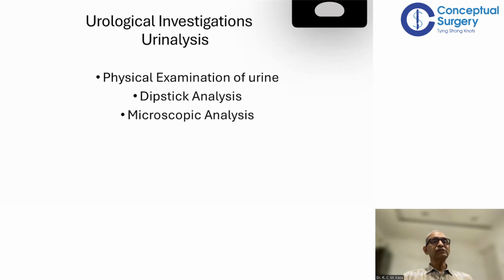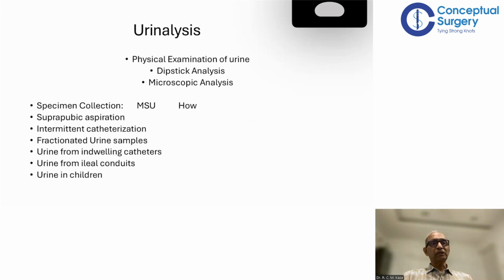The next is dipstick analysis, if it is common in your institutions. It is being picked up in India, but not largely. Then there is microscopic analysis, which of course is done in all the hospitals. Let's look at it one after the other.